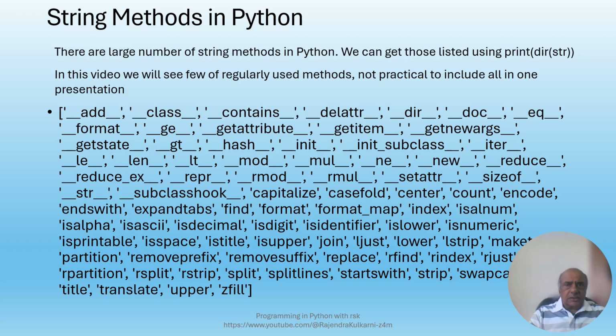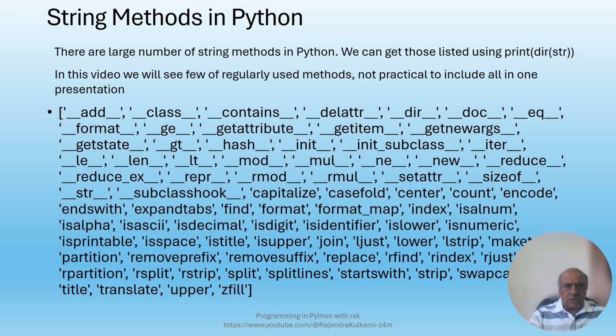We can get the methods of any class by using print dir str, or if it is float then dir float, and if it is a list then dir list.